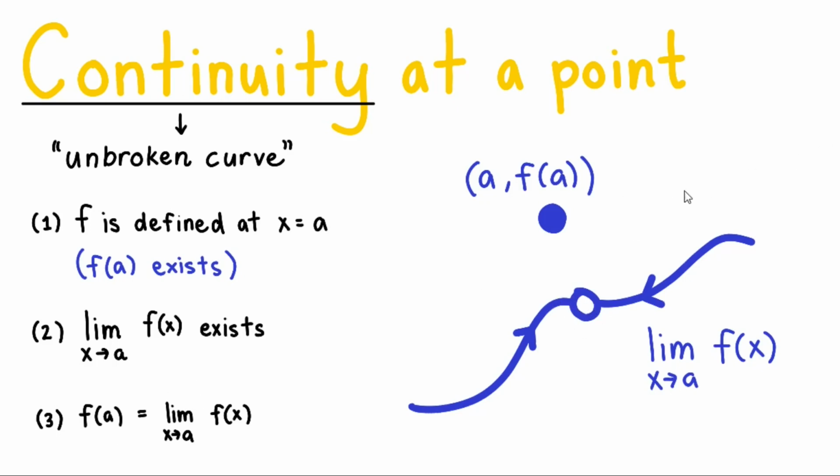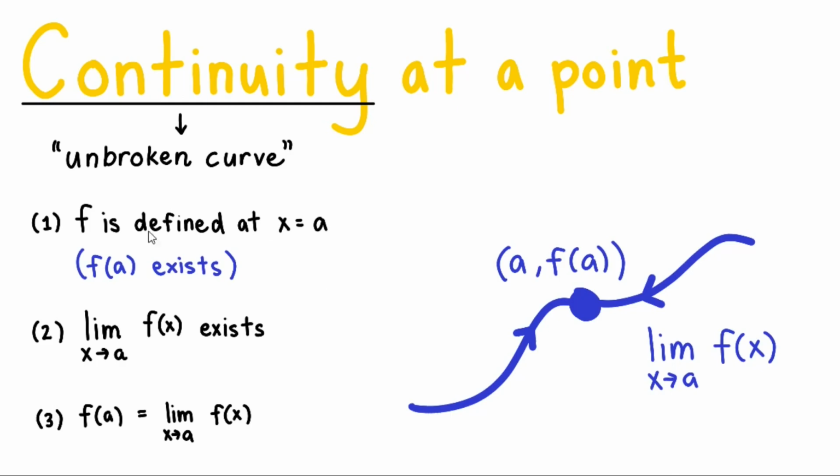But by the third condition, this means that this point fills in this one, like this. So, given these three conditions, we are sure that the graph is continuous. There are no cuts. It's not broken, there are no gaps, there are no holes at that specific point. So that is how continuity at a point works.